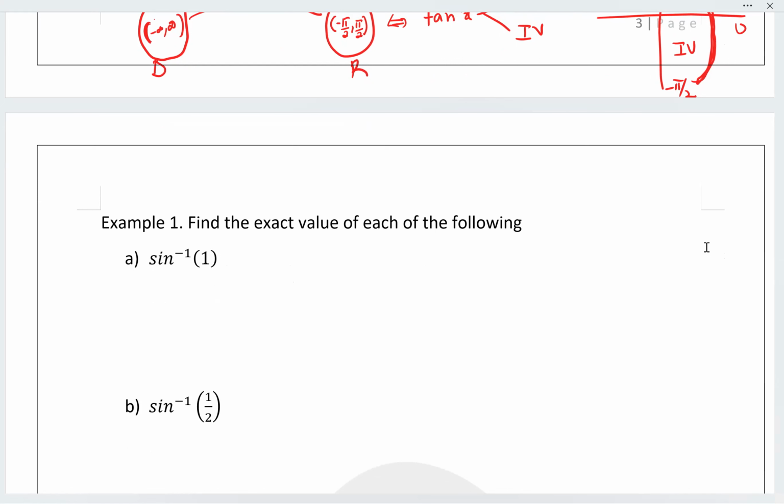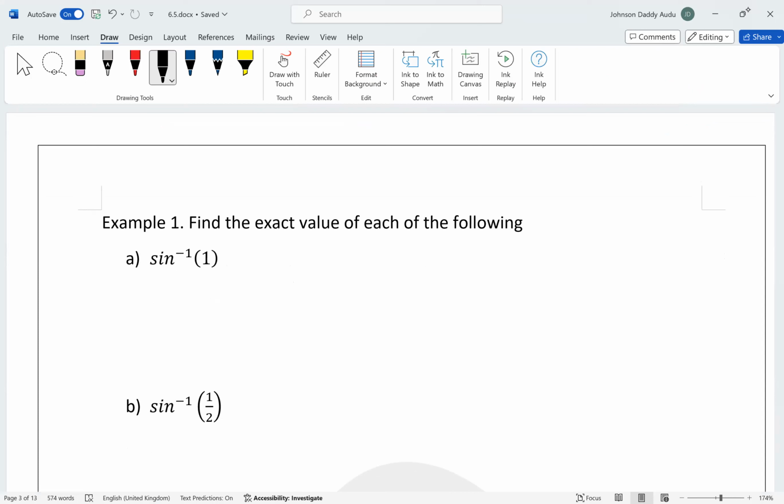It means we're looking for an angle such that when we take the sine of that angle, it's equal to 1. Clearly, it's going to be 90, right?